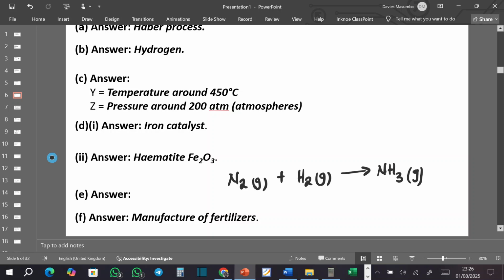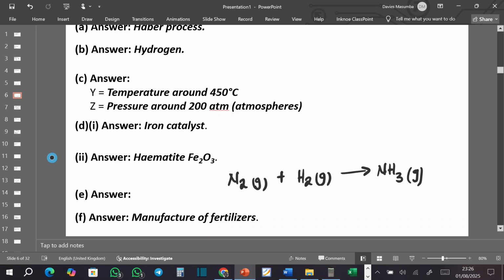They'll ask where you have taken the other one, because according to the law of conservation of mass, matter cannot be created nor destroyed. So the number of atoms we started with should also be the number we end with. If nitrogen is 2 here, we should also make it 2.